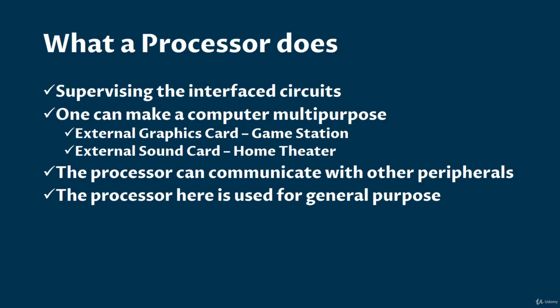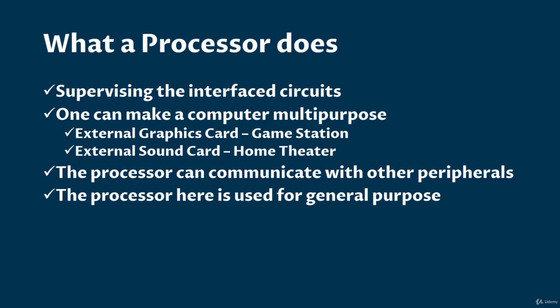Then the processor will supervise the graphics card to generate different graphics. So I can make my computer different things like a game station, home theater unit, video game unit. There are many applications. So the processor is basically used for general purpose because it's a supervisor.